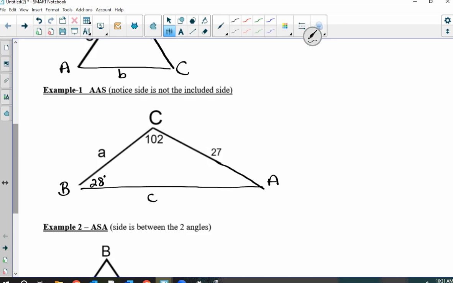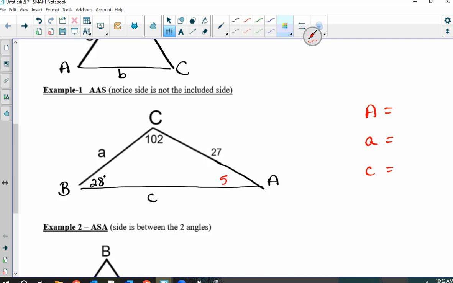Okay, so let's fill in what we know and what we need to find. You're solving for all of the missing parts, so you need to find angle A, side A, and side C. What's angle A? 50.